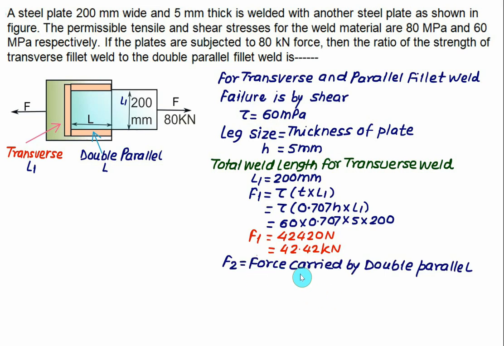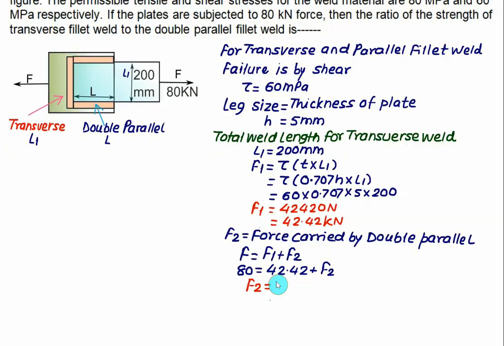Suppose we say F2 is the force carried by double parallel. We know that the value of F will be distributed in the transverse plus parallel, where the value of F is given as 80. F1 is equal to 42.42. So we can calculate the value of F2. In this case we get F2 equal to 37580 Newton, that is 37.58 kilonewton.